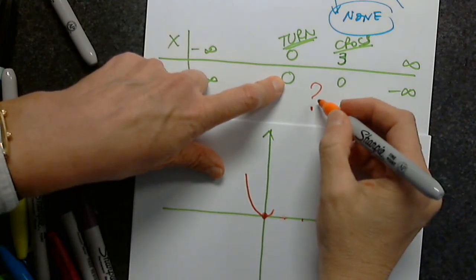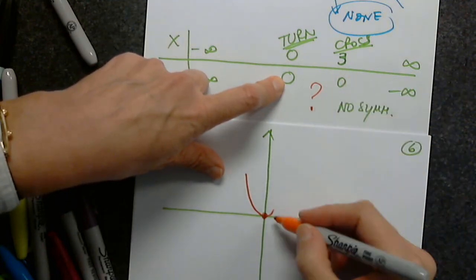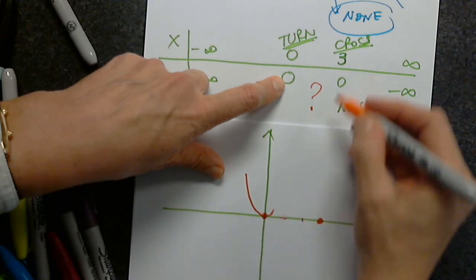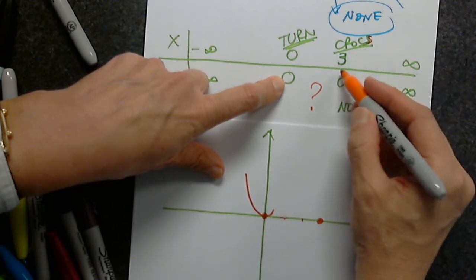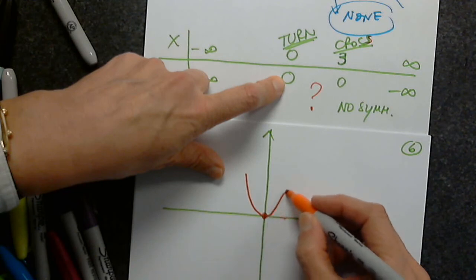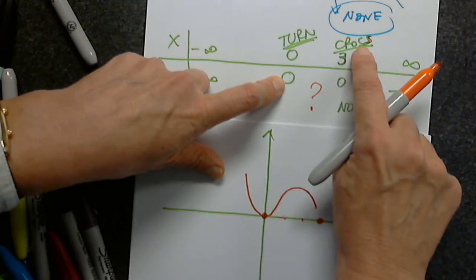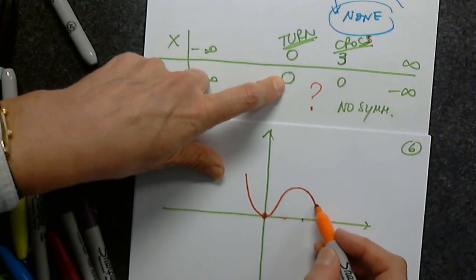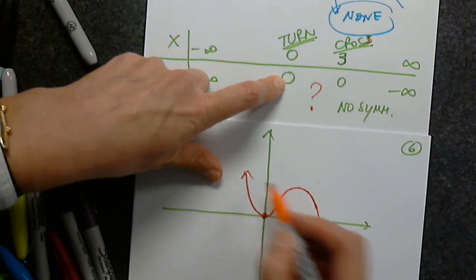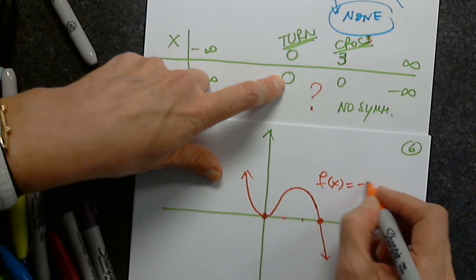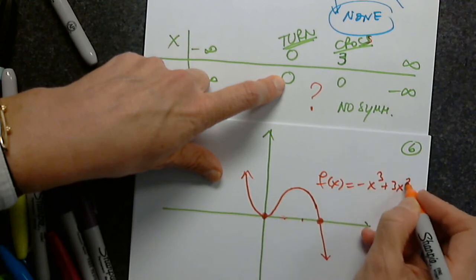So it comes up, it has to continue and cross at 3, 0. So it has to have a maximum somewhere. And then it crosses at 3, 0 according to my note, and it's going to negative infinity. And that's it. This is the graph of f of x, negative x cubed plus 3x squared.